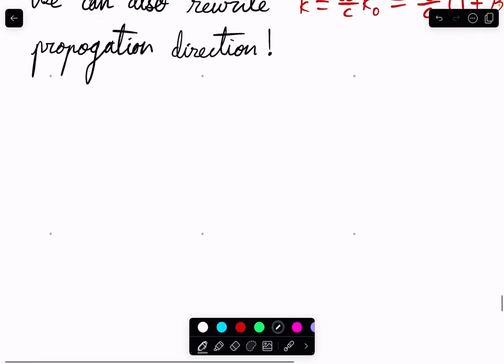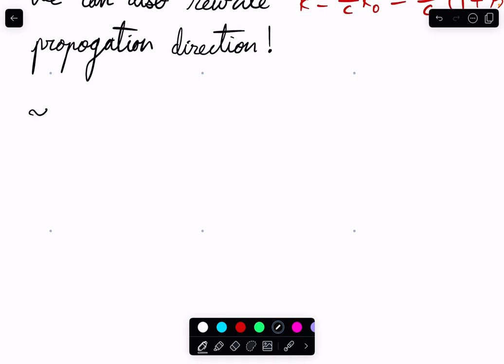So this implies that kappa times f, this little bivector here, is just equal to f.